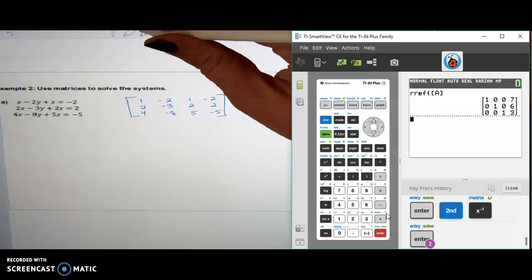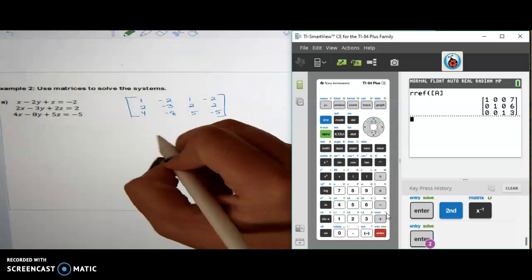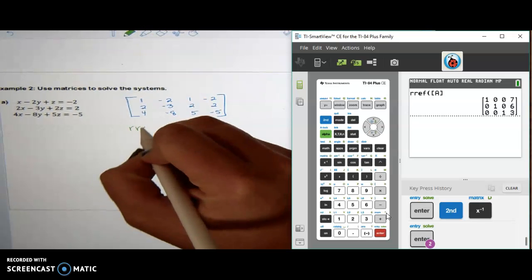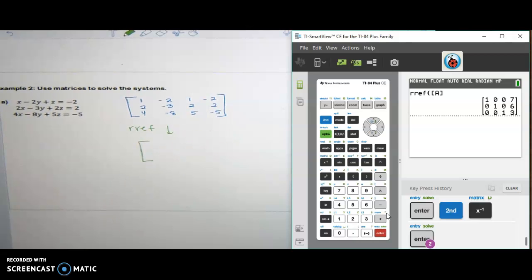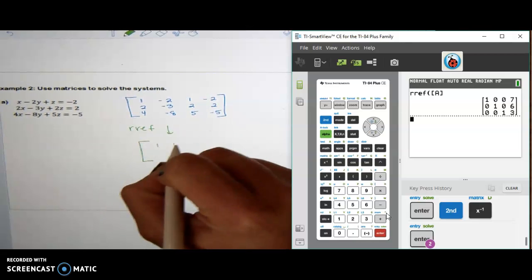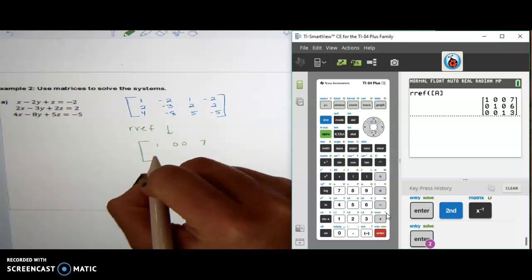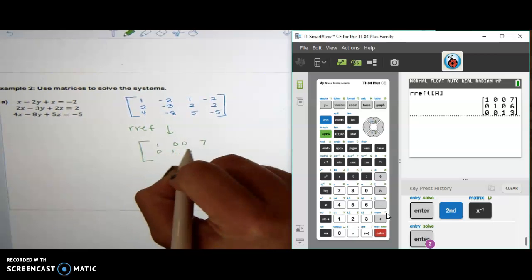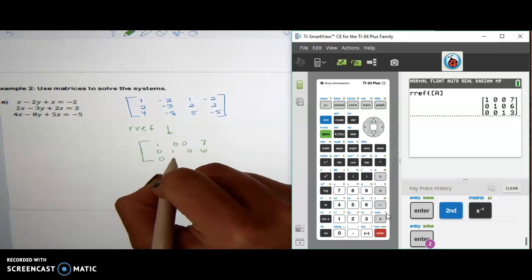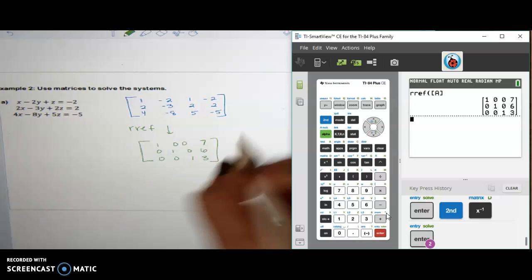So this is going to give us, so we did the RREF. This is going to give us the matrices 1, 0, 0, 7, 0, 1, 0, 6, 0, 0, 1, 3.